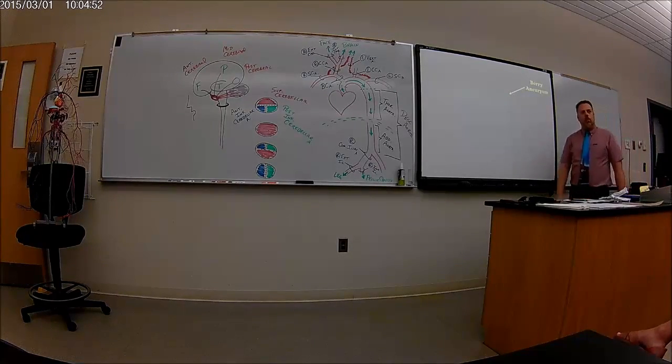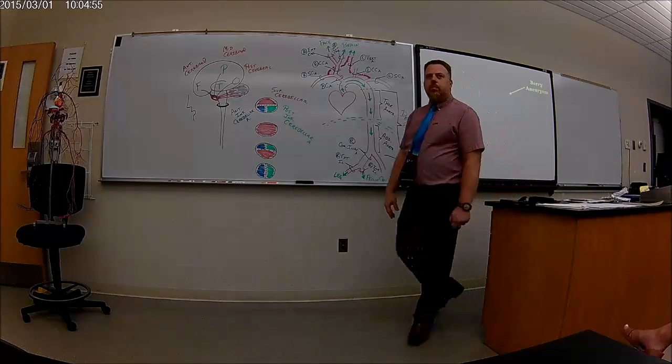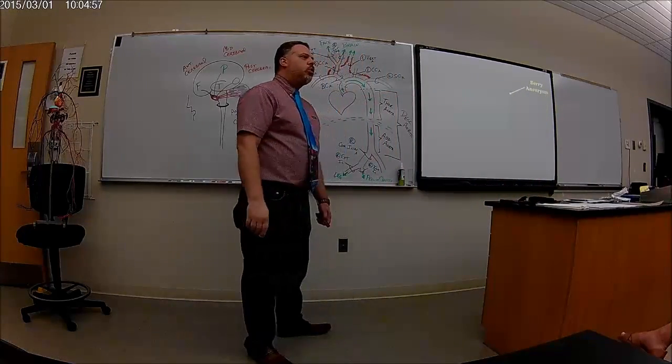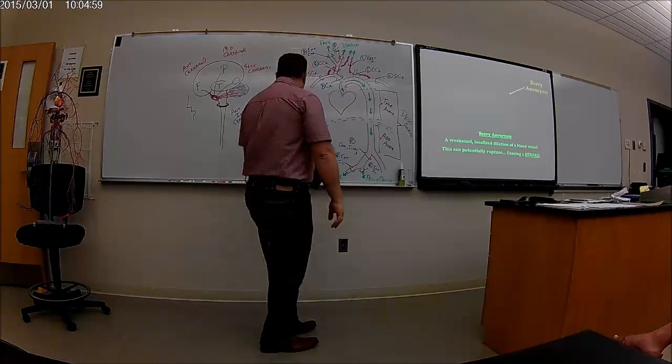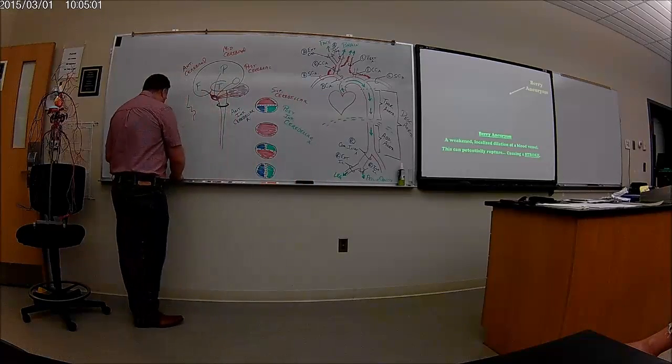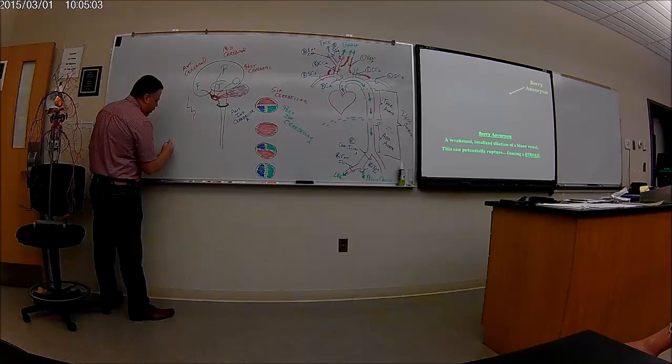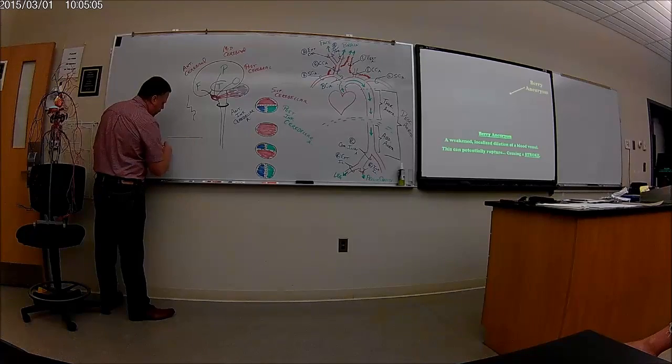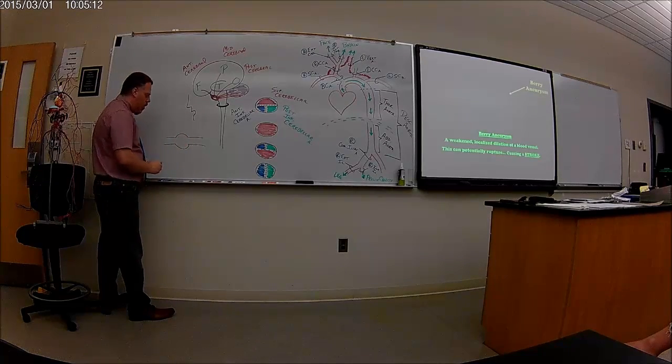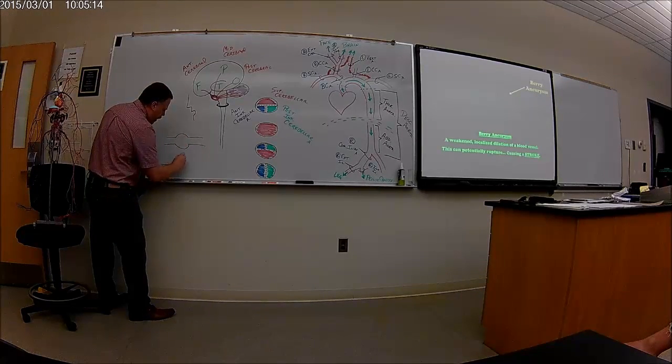We have things called a Berry aneurysm. They can burst, all right? A Berry aneurysm, if this is a blood vessel over here, we could have an aneurysm that kind of looks like this. I kind of showed you the other day. Or we could have something that kind of looks like a berry.